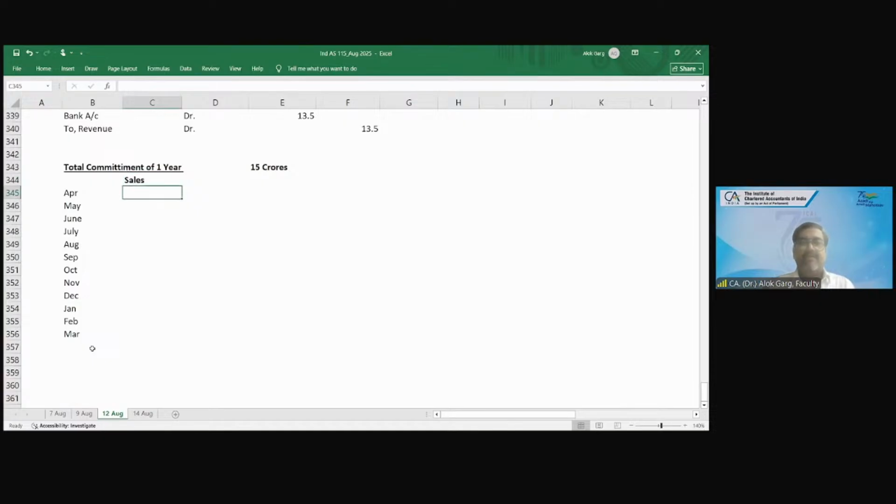What is the revenue every month? Assuming proportionate, 15 divided by 12, that is 1.25 crore. Yes.